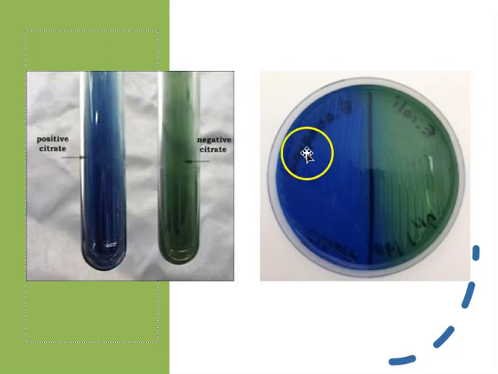One of the ways that we can differentiate between them is by the presence or absence of this citrate permease enzyme. These are two closely related bacteria. They're both gram-negative. They both live in the gastrointestinal tract. But as you can see, E. coli does not have the citrate permease enzyme.